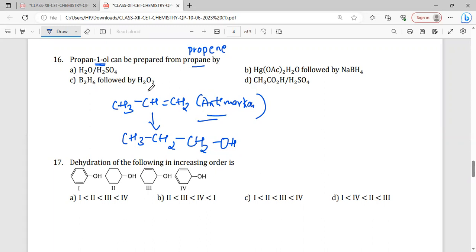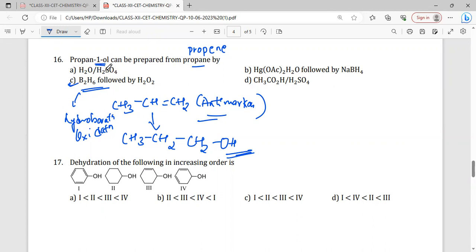And we know that whenever we have B2H6 diborane, the hydroboration oxidation reaction, you will be getting anti-Markovnikov product, right? So all these will be eliminated. You will be having obviously your acid.